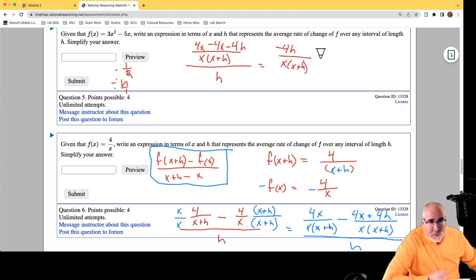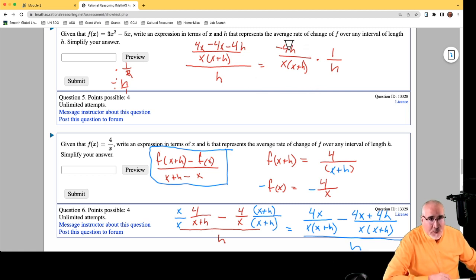And then I'm going to multiply that by 1 over h. I would have divided it by h, or h over 1, so it turns to multiplication and becomes 1 over h. Just remember, when you divide by fractions, you always flip and multiply.